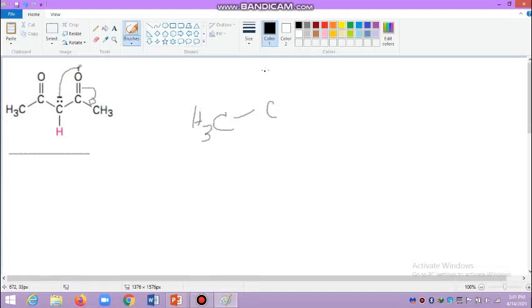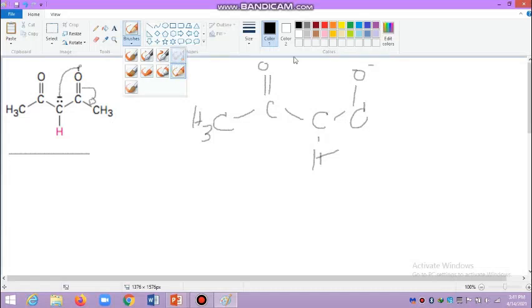Okay, double bond O, C, H, C, single bond O, and then the two lone pairs and negative there, and double bond here, and CH3.